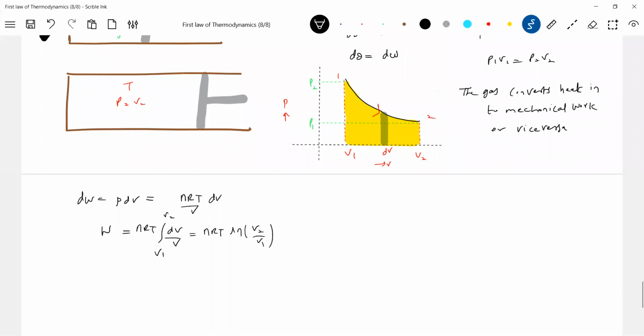So what is the work done? In terms of pressure, if you want to write the same thing, nRT log of P1 by P2, initial pressure by final pressure, or final volume by initial volume. And this should also be equal to Q, no?